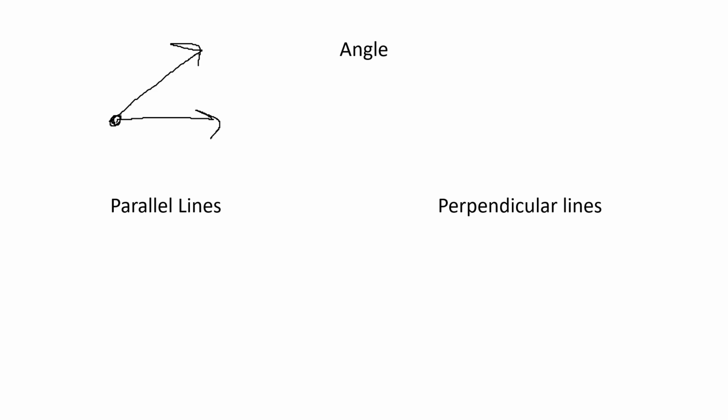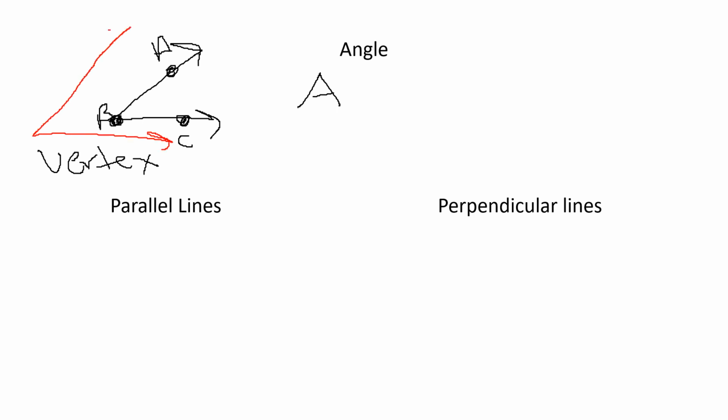This shared point is called the vertex. And then let's say that this is going to be A, B. So we have ray BA, and then we have ray BC. Now, to write the name of an angle, you always have to read it from the outside in. So you're going to go out, in, out. And you can go either direction.